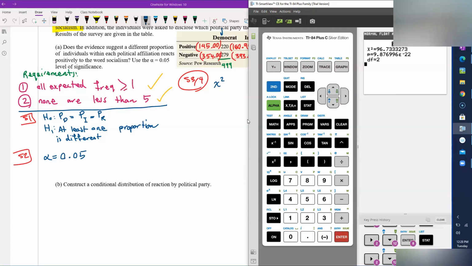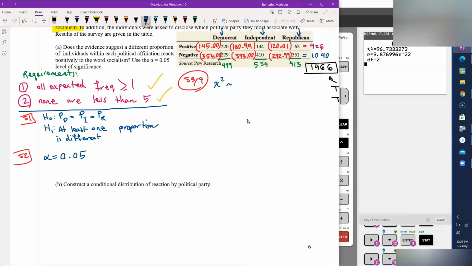So chi-square is 96.733. And our p-value is 9.876996. So I didn't round here.